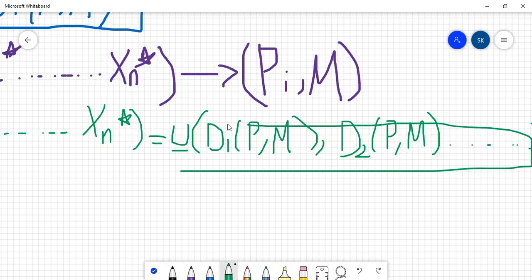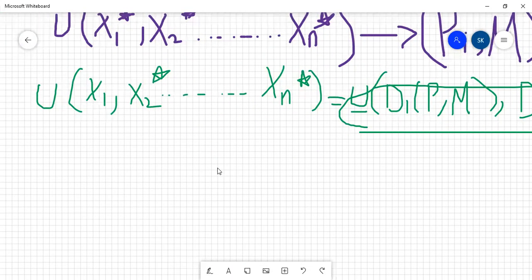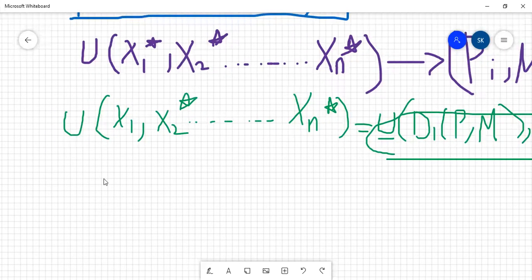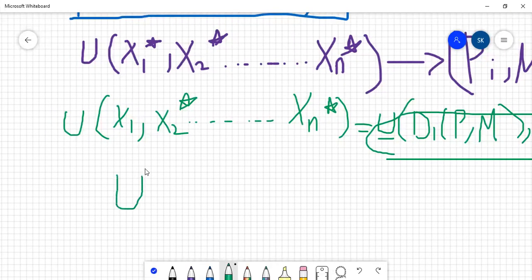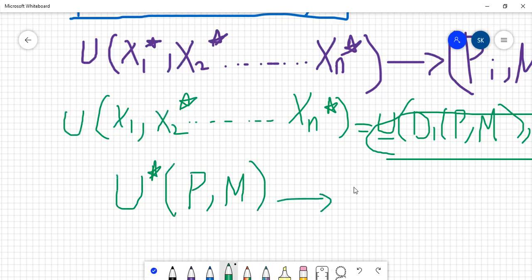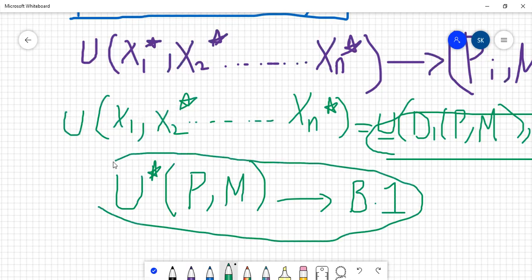By simplifying this equation, what we will get over here is U star of PM, that is U star of P and M. Now this is equation number 1. We'll proceed now by taking into consideration this function that we have now got.